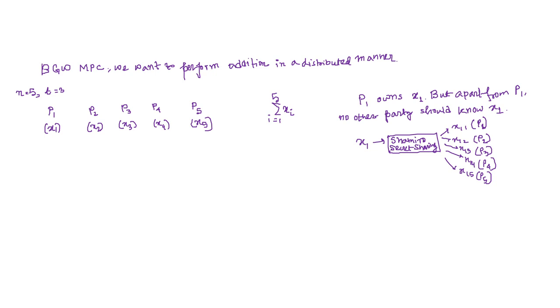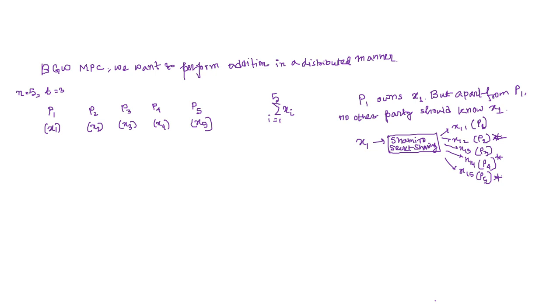But even if some t parties among them get corrupted, so let's say P2, P4 and P5 are corrupt parties, that essentially means that there is an adversary who has control over all these three parties.